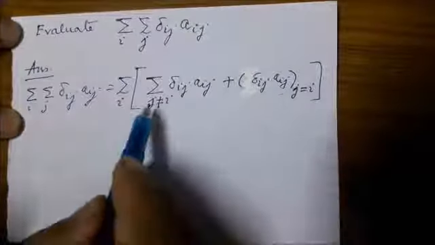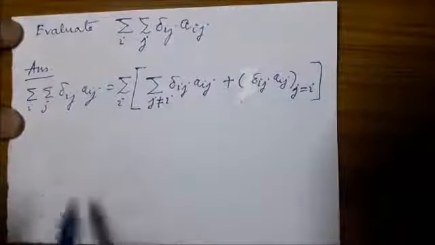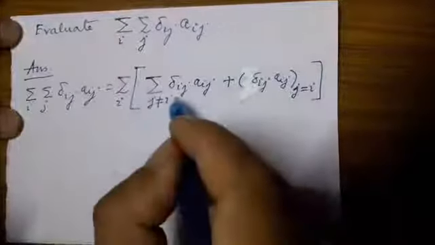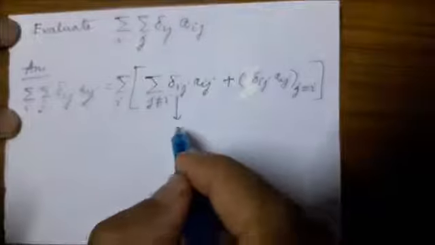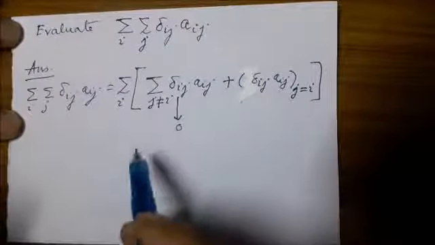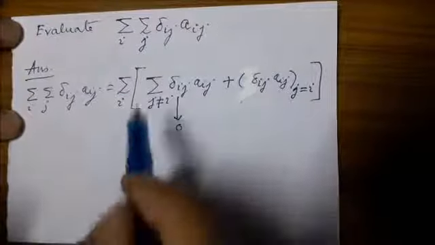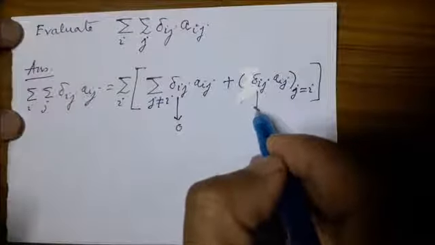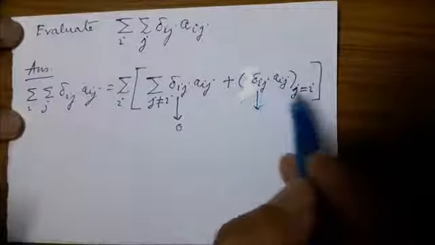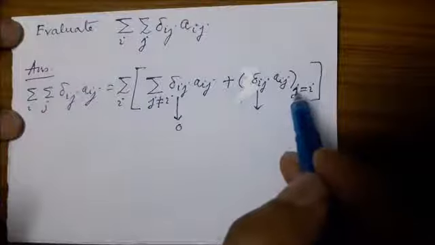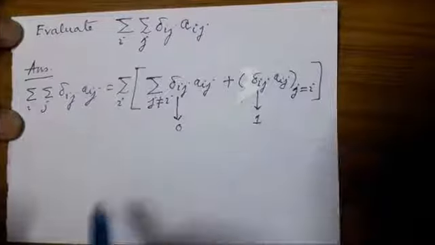This term was left out when we considered this sum. Now this Kronecker delta ij is obviously 0 for i not equal to j, so we do not have this term to survive, and here Kronecker delta ij for j equal to i or i equal to j is 1.